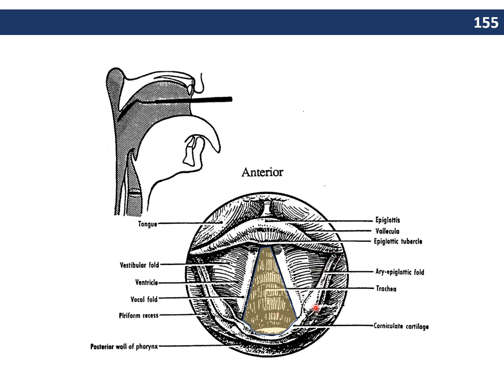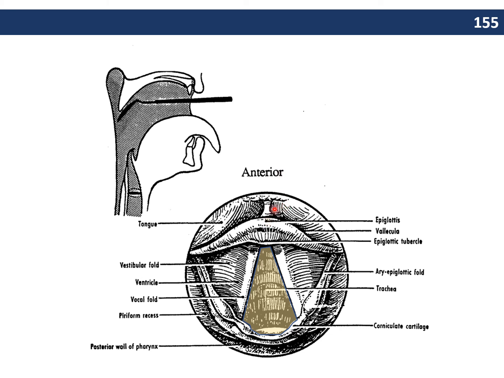There are folds of mucosa that connect those arytenoid cartilages to the epiglottis, creating these aryepiglottic folds. And then posterior to that here would be those piriform recesses where foodstuff from the tongue would go.